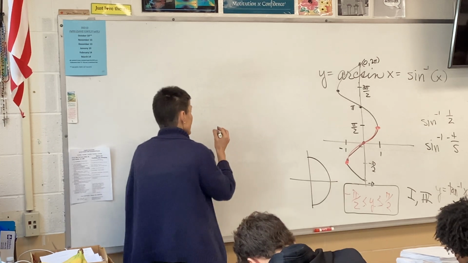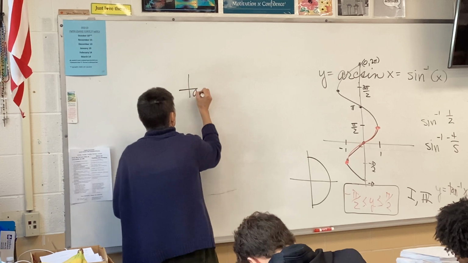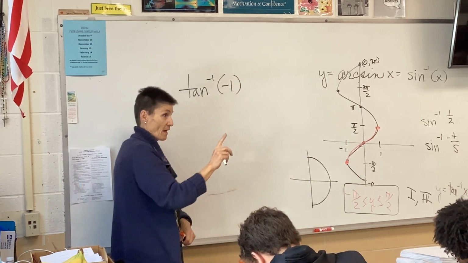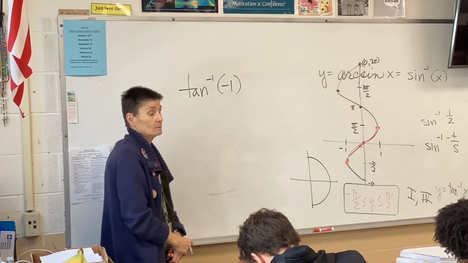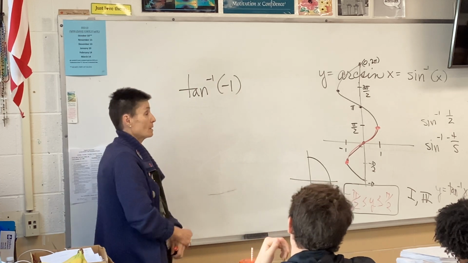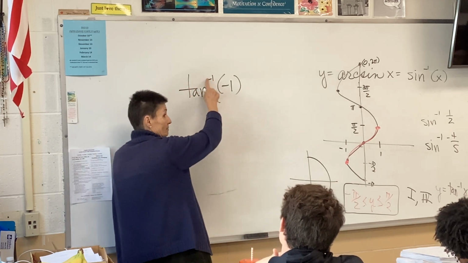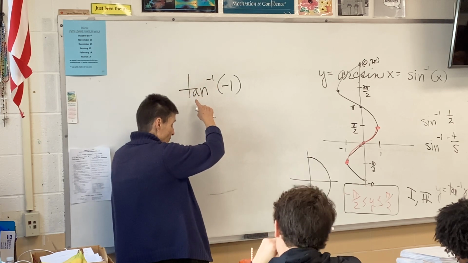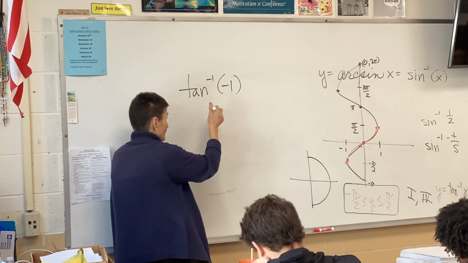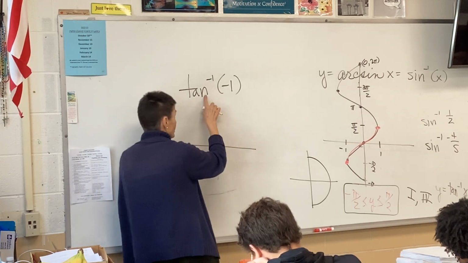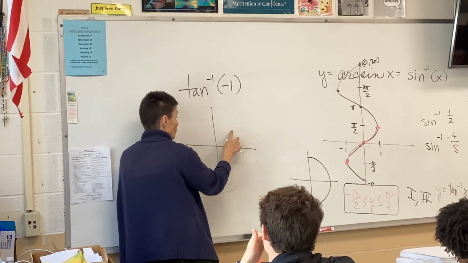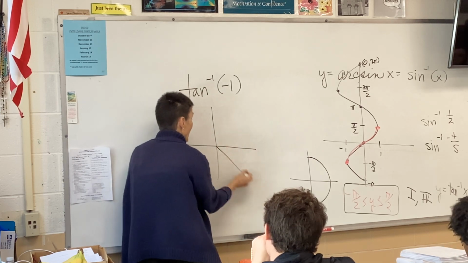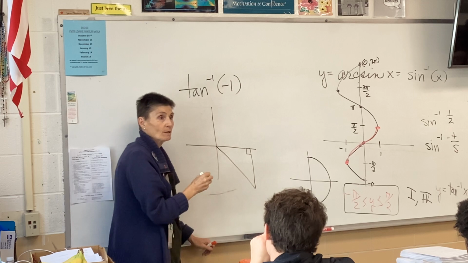So if someone says to you, do this problem without a calculator, this notation tells you that you have to be a function. It's a tangent, so it has to be 1 or 4. Since it's negative, it has to be 4.